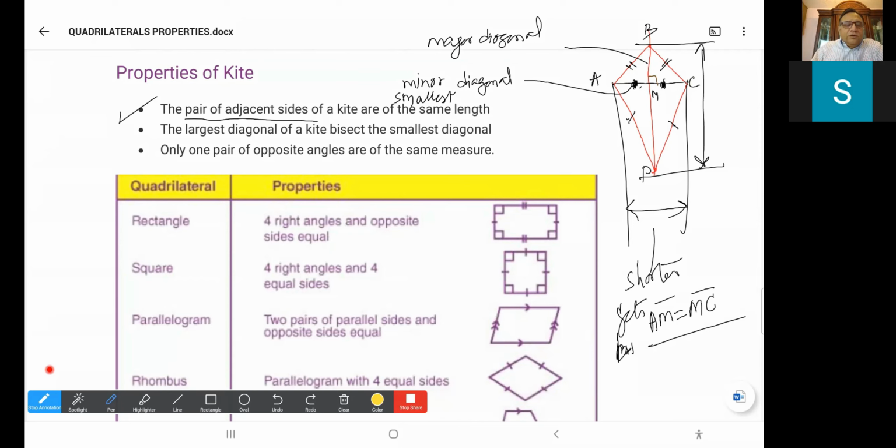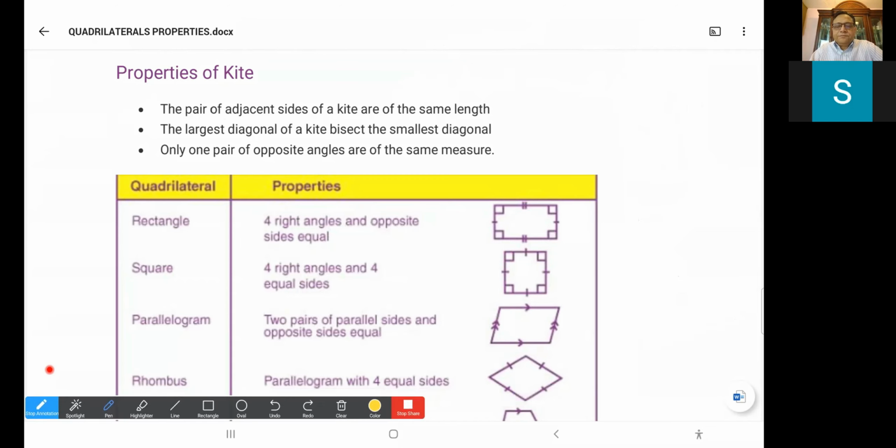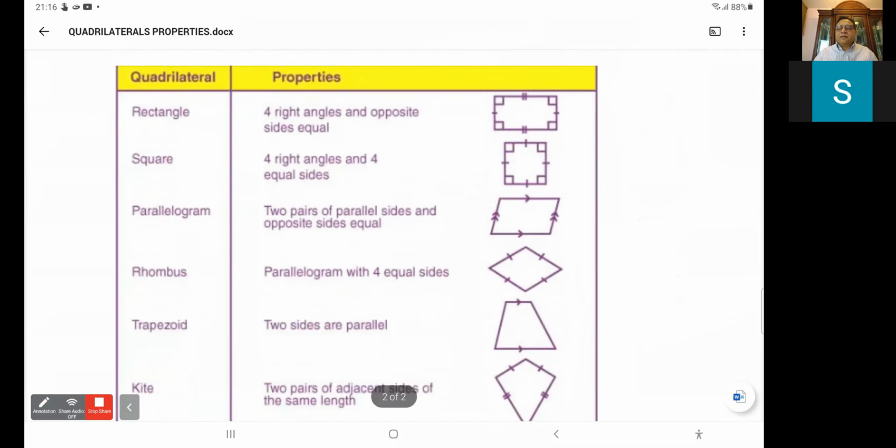Okay, let's move on and look into the properties mentioned here for quadrilaterals. Can you read through them and see if you understand all of them? Let me clear the screen. The diagram of the rectangle is shown just as I was trying to draw. Equal sides are shown with small marks, as you see, along with 90-degree angles and parallel lines.